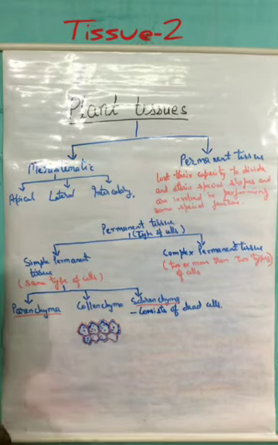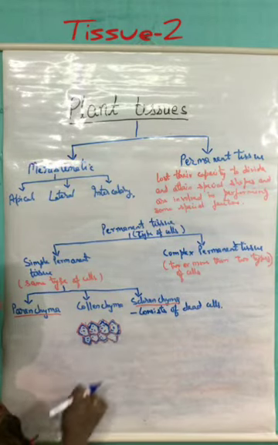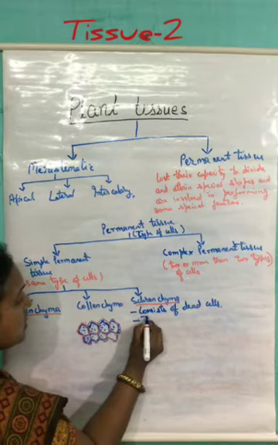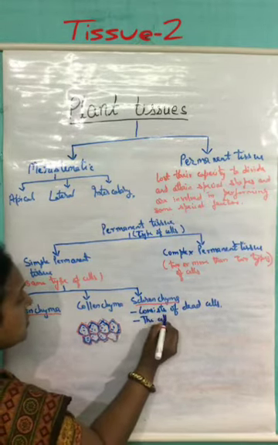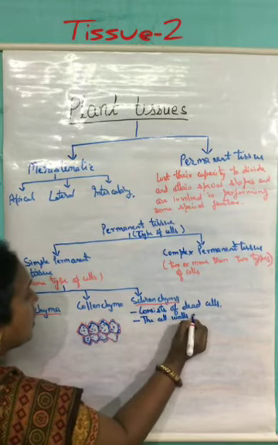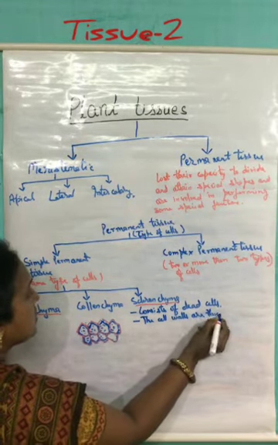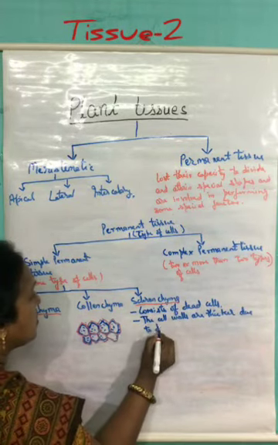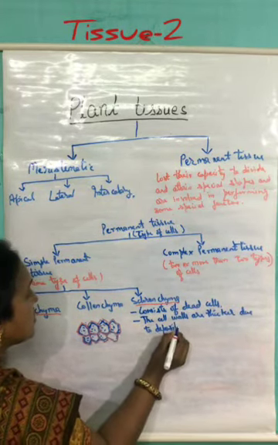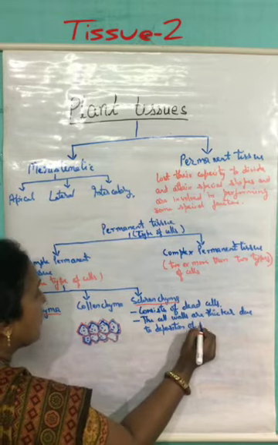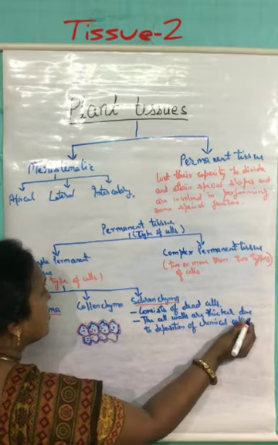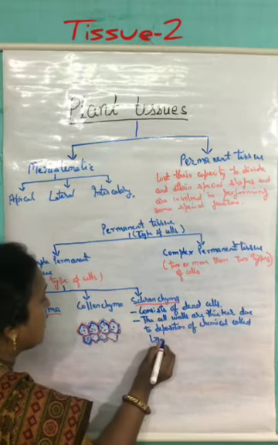So we consider that it consists of dead cells because the cell walls are thicker due to the deposition of a chemical called lignin.